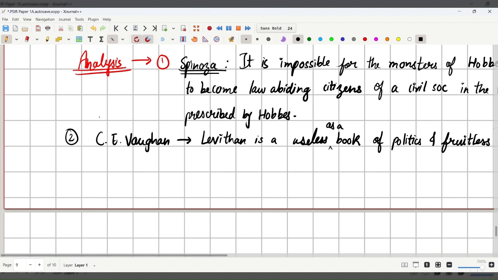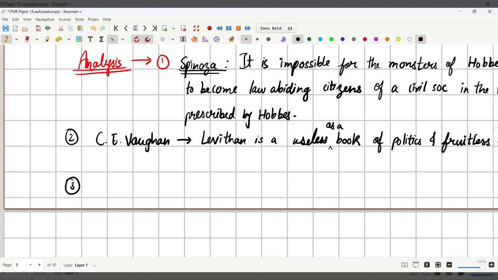Then here you can also add a value addition in IR.